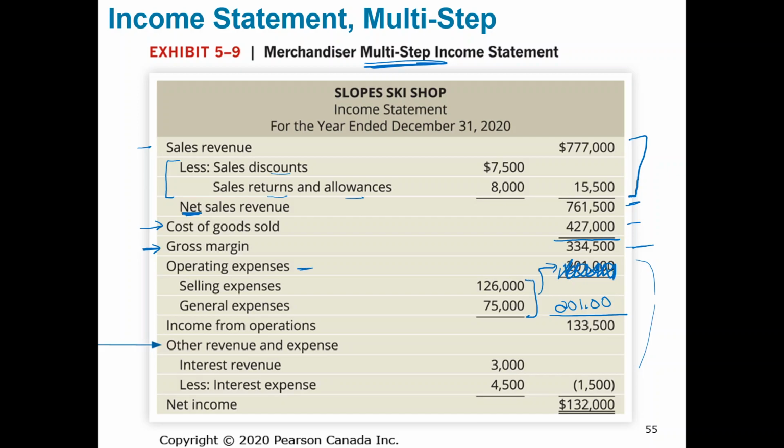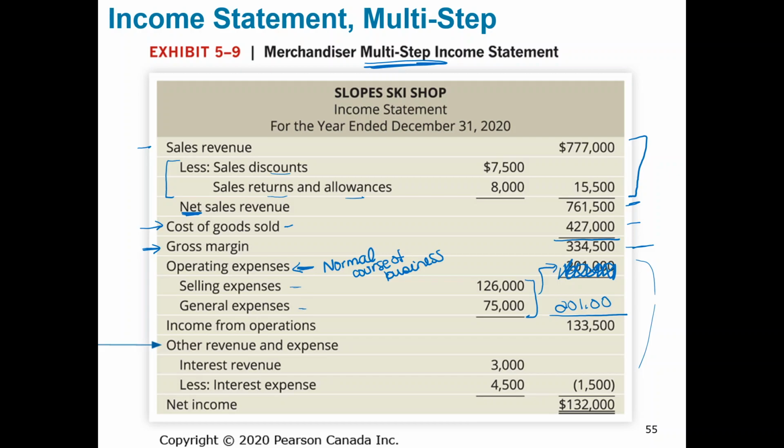So our operating expenses, they're not direct expenses needed for these goods sold. So we move them below the gross margin, but they are still normal expenses as part of running this merchandising business where we sell goods. So they are normal expenses or expenses in the normal course of business. And these are often broken out into selling expenses and general expenses.